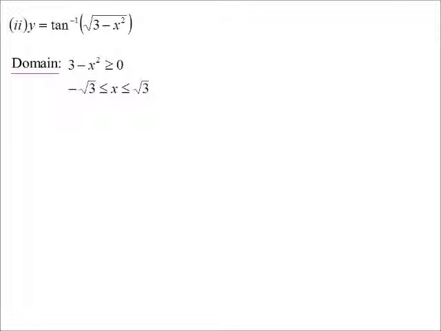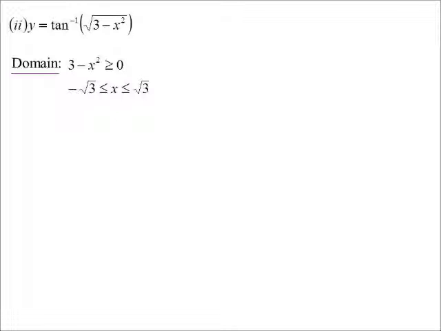Domain first of all. Now, the domain for inverse tan, the basic one yesterday we saw, was all real x. However, there will be a restriction on this one, because I can't substitute everything into the square root of 3 minus x squared. So now that becomes what's going to determine the domain.